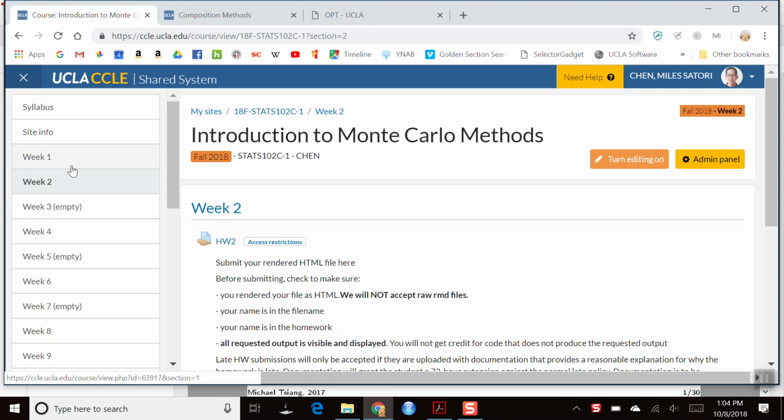So we learned the inverse transform method, and we also covered rejection sampling. And these were just two methods that we could use to get values from a target probability distribution.